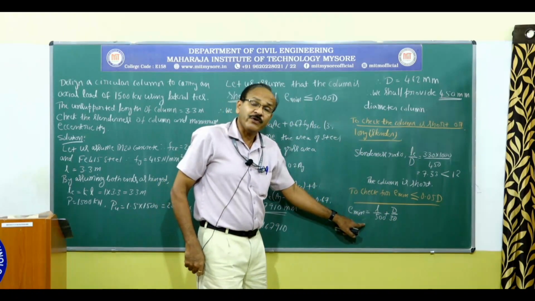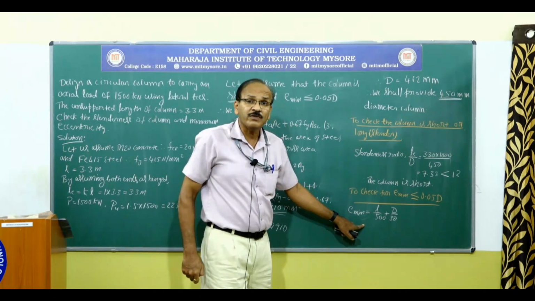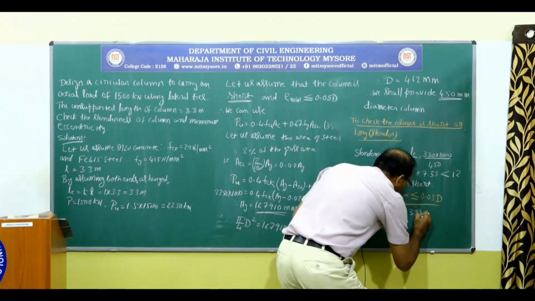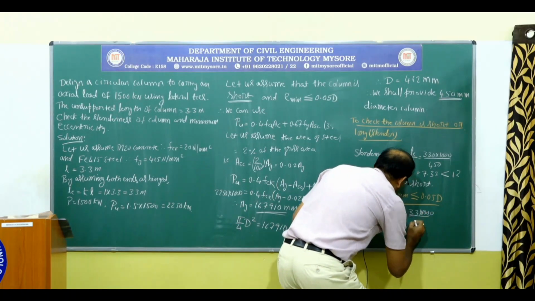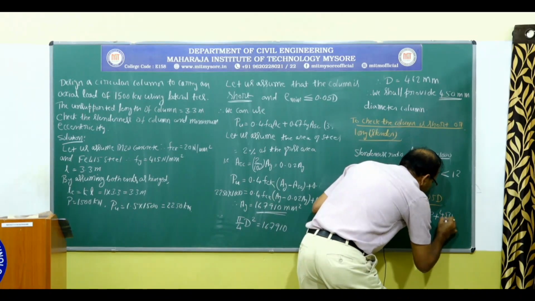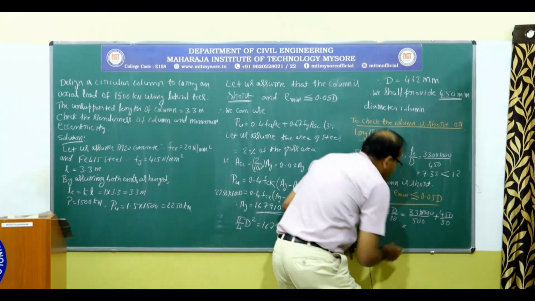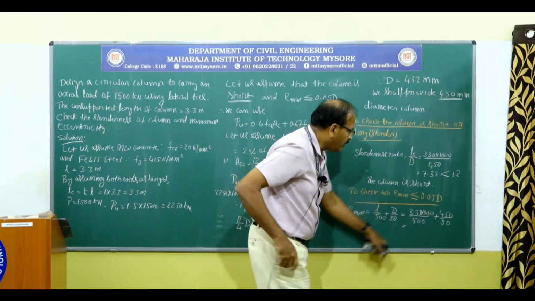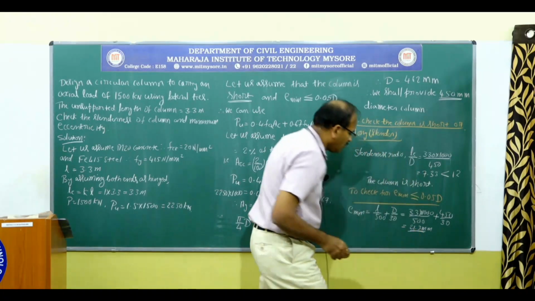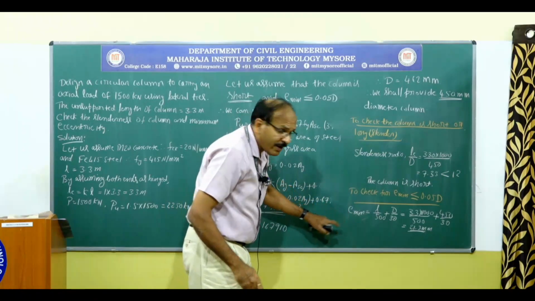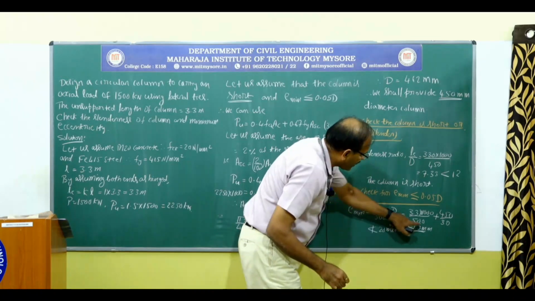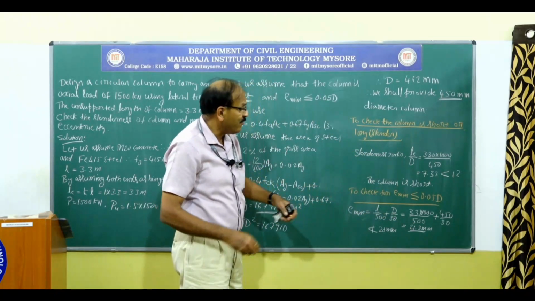This is as per 25.4 on page 42 of the code book. What is L? L is the unsupported length, which is 3.3 meter, divided by 500, plus D is 450, that is the diameter of the column, divided by 30, that is 21.3. And also the code says this e minimum value should not be less than 20 mm. That means take the higher of these two values as the e minimum value.